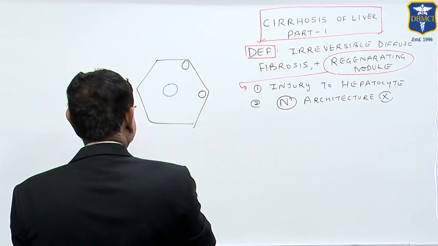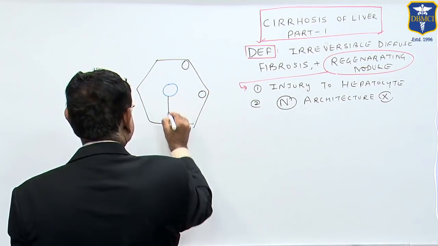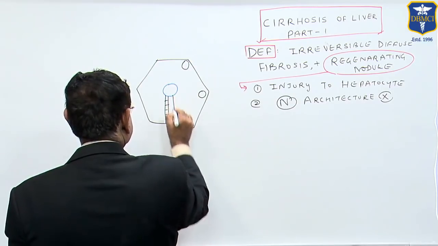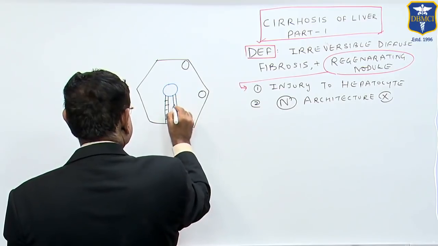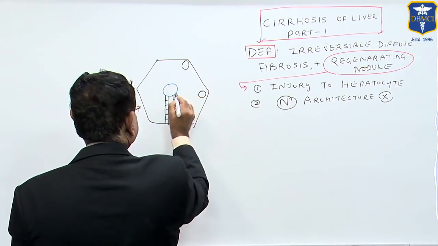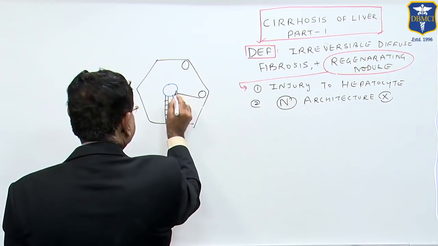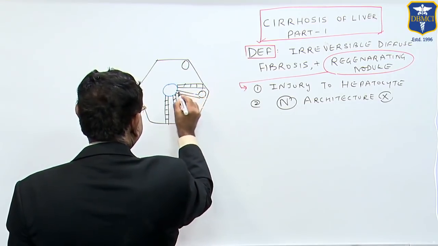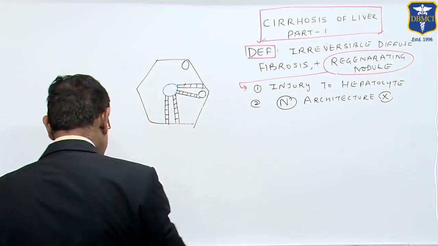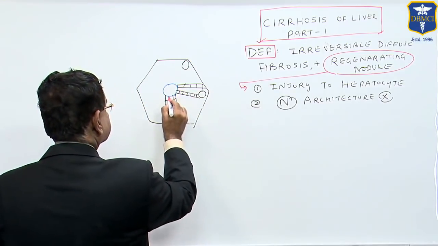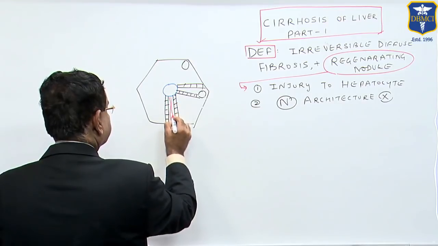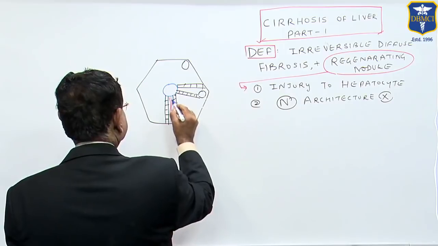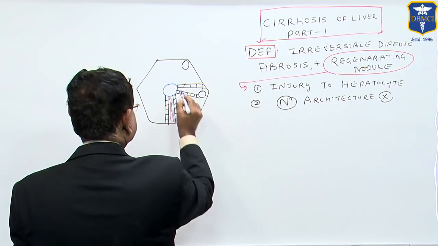Here are the liver cells, hepatocytes, and here are the sinusoids, which have the blood vessels.